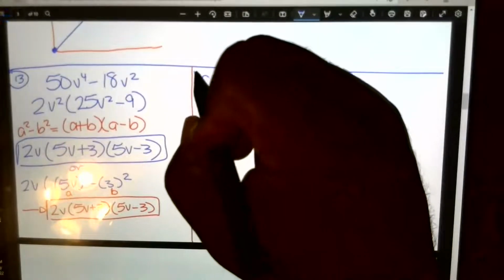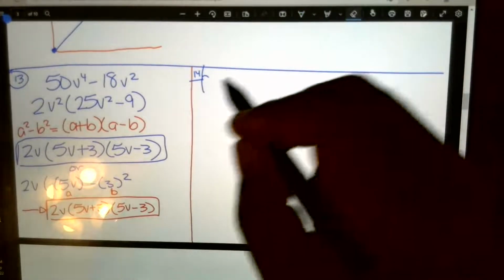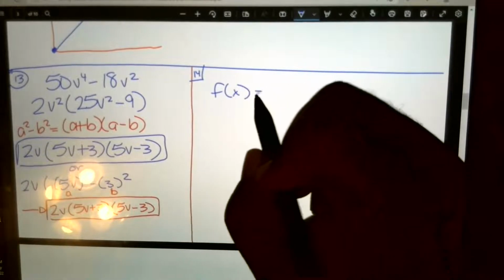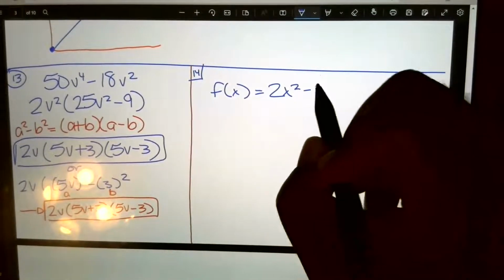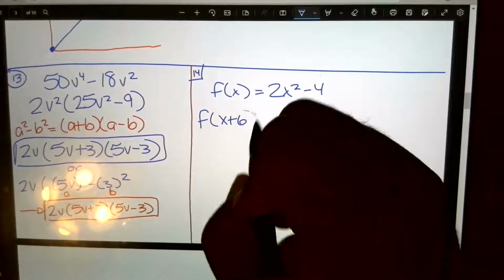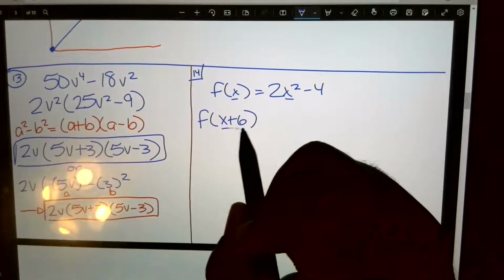So this is 14. f of x is equal to 2x squared minus 4. They want to find f of x plus 6. That means that everywhere there's an x, put an x plus 6.